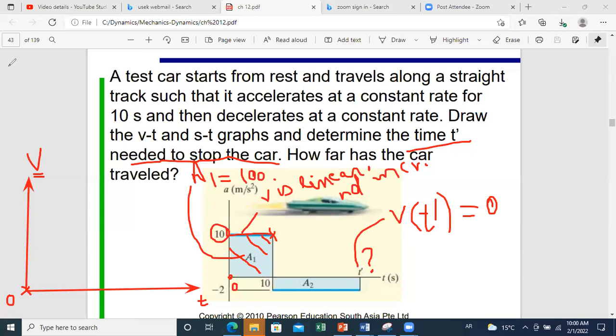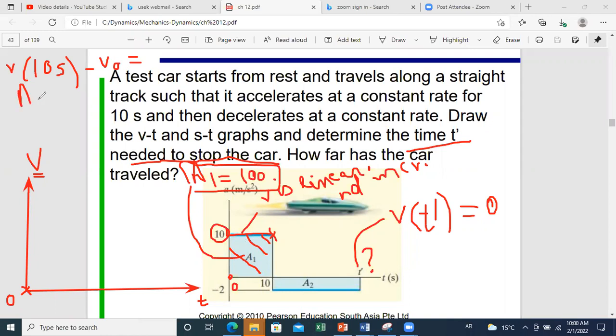I can write that the velocity at 10 seconds minus the velocity at 0 seconds, delta v between these two times, is equal to the integral of a with respect to time between 0 and 10, which is graphically the area. So this is equal to A1.